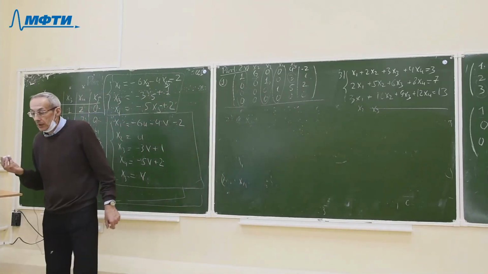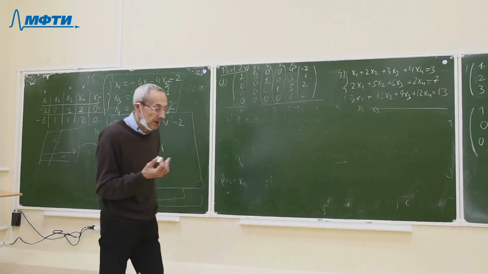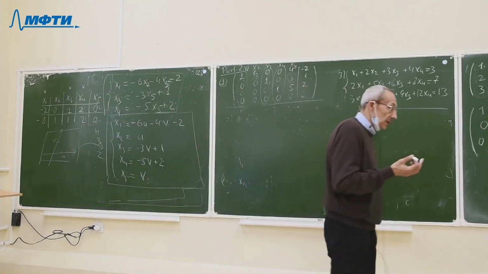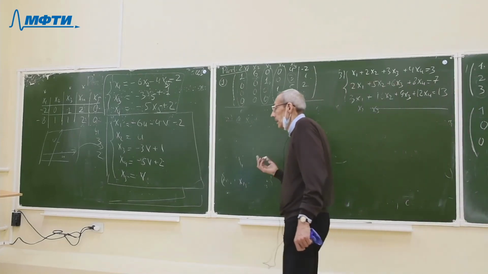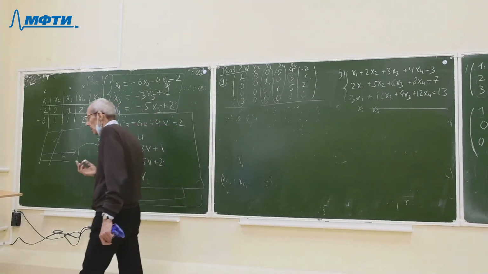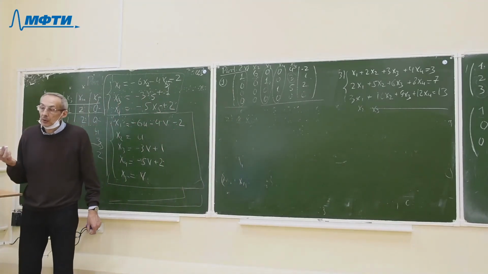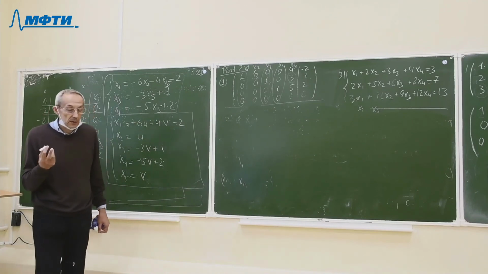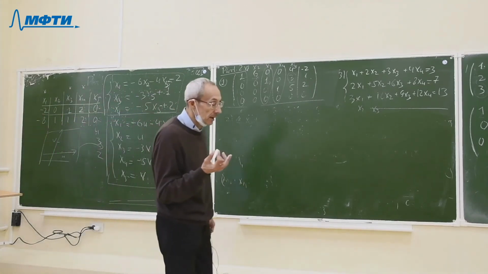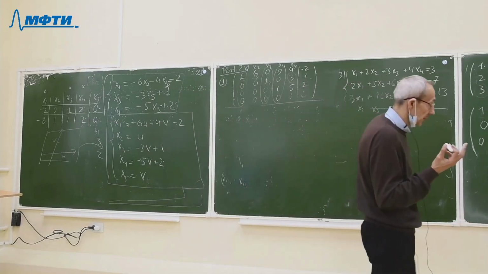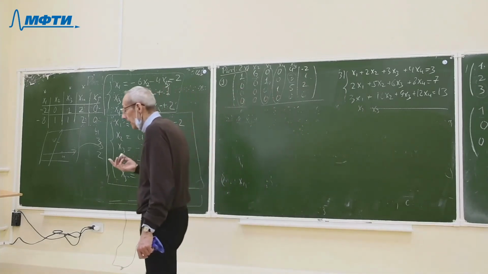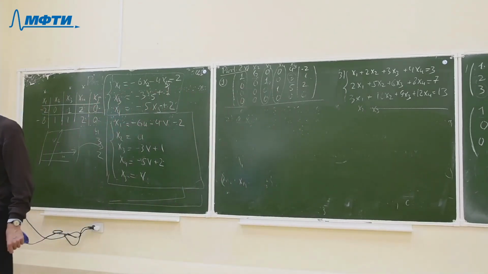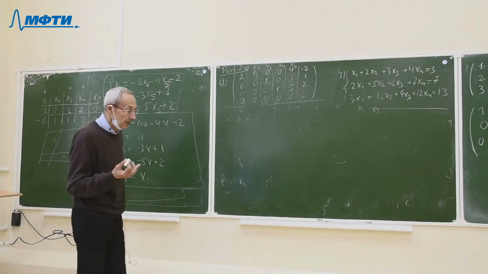Any element of this system cannot be expressed in terms of other elements. And if we have a so-called maximal independent system in a vector space, such a maximal independent system is called a basis. The basis has two basic properties, the main properties. First of these properties: any element of the vector space can be expressed as a linear combination of vectors of the basis. And the second property: this expression is unique.